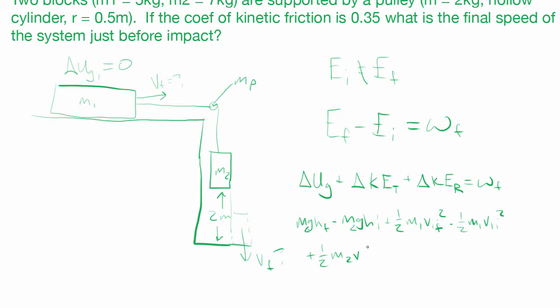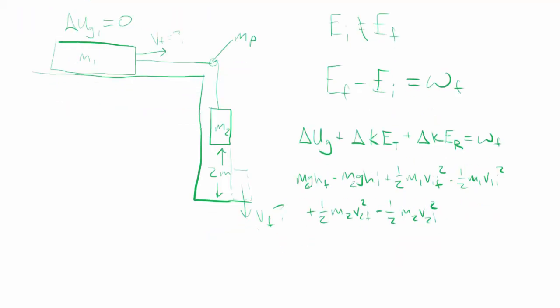Then I'm going to add the change in kinetic energy due to mass 2. So this is 1/2 m2 V2 final squared minus 1/2 mass 2 V2 initial squared. And then I need to add the change in rotational kinetic energy.